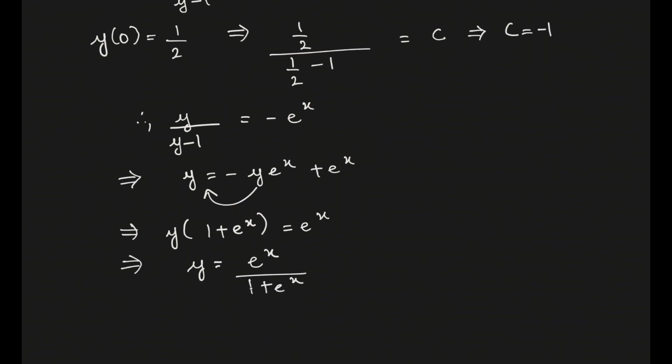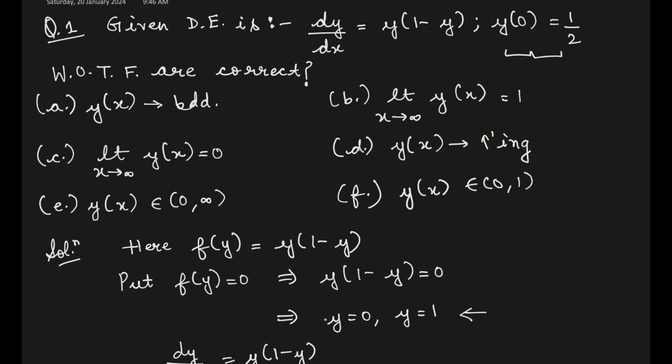I can further simplify this by dividing numerator and denominator by e to the power x: 1 upon e to the power minus x plus 1. Now I can easily find the limit x tends to infinity. It will be 1. Yes, correct. So from this, option B is correct, option C is wrong.